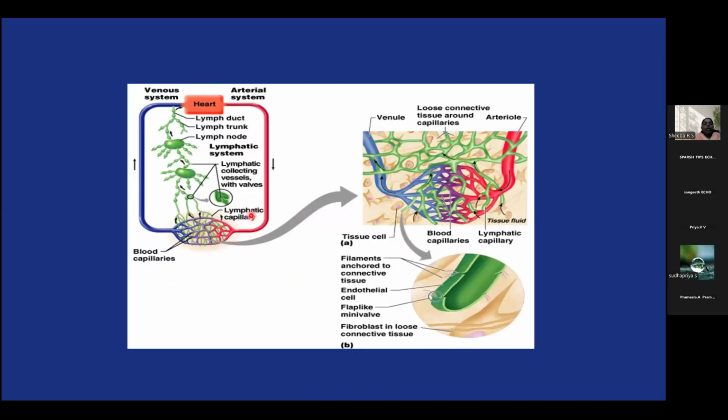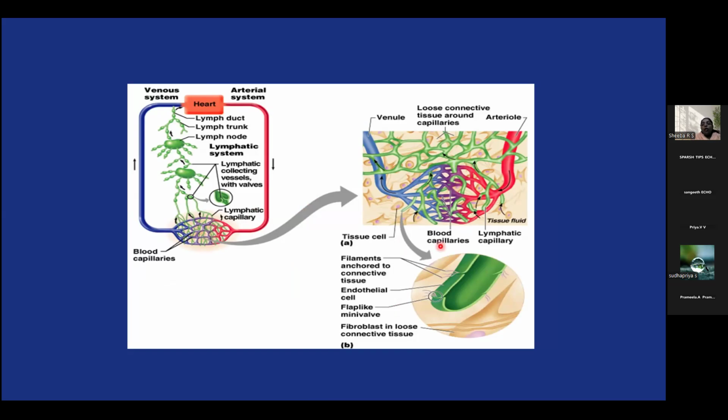So when the arterial capillaries and the venous capillaries are communicating together, what happens? There is a chance of oozing out of fluid-like substance into the interstitial tissue space. That's called lymph.